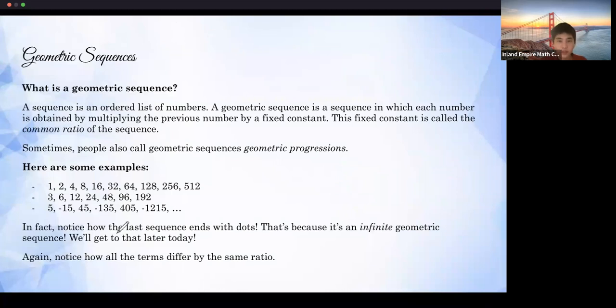For this one right here, I was talking about how having negative common ratios, or even just negative numbers, in geometric sequences can be extremely annoying. When you multiply a positive number by a negative number, it becomes negative. However, when you multiply that negative number by a negative number, it turns back into a positive number.